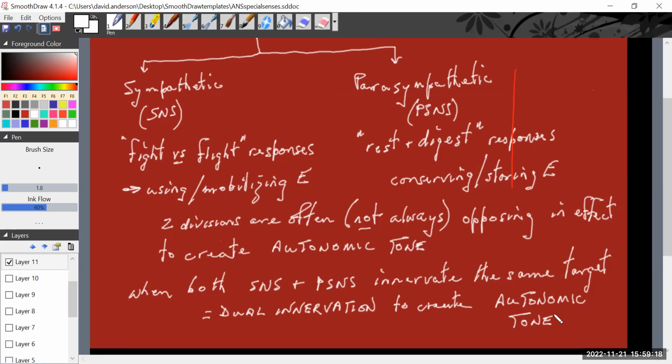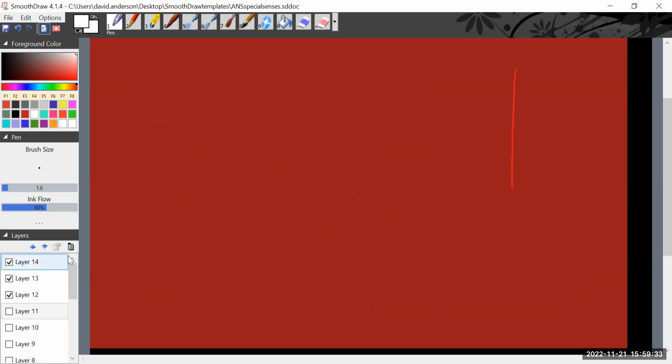Now, some targets don't have dual innervation. We're going to do some examples of some of the targets for these different divisions, and we'll see that they don't all have dual innervation. Sometimes they only have one or the other. And that's fine for that particular tissue, that particular function.